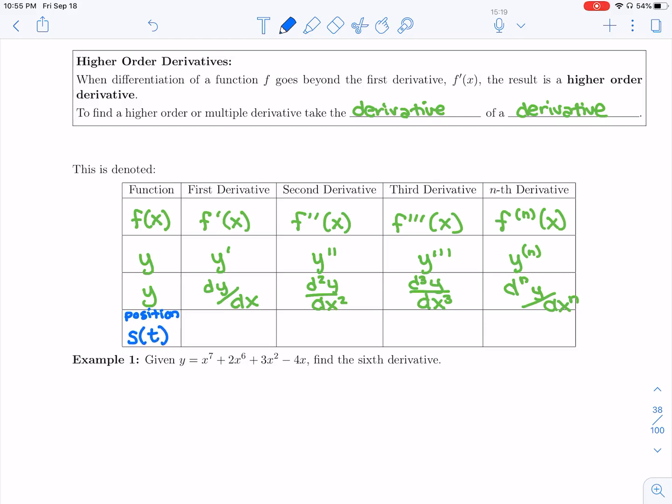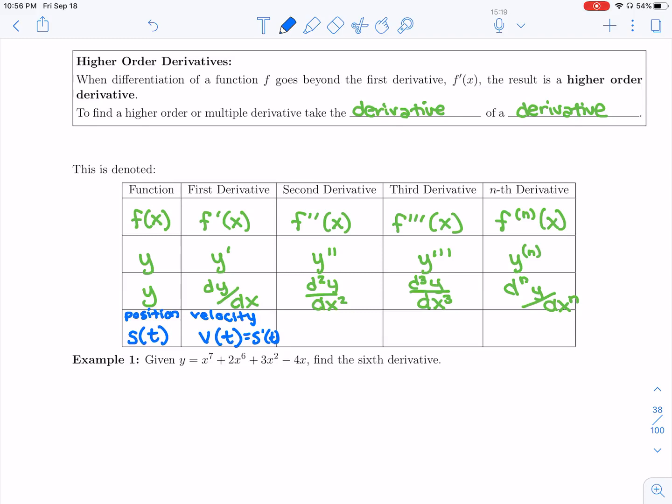We call position s of t. Tell me the time and I can tell you the position. And if you take the derivative of a position, you get the velocity. This one makes more sense. It's v of t. Take that first derivative of s and you get velocity.